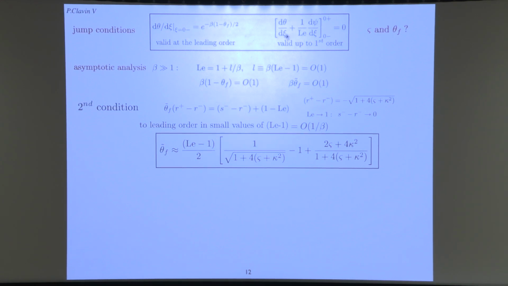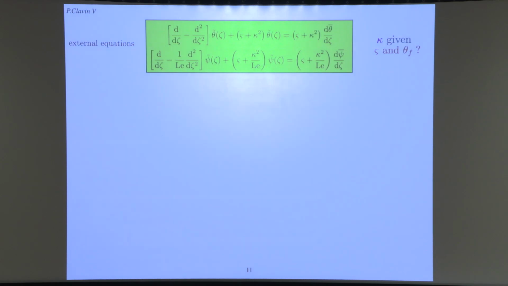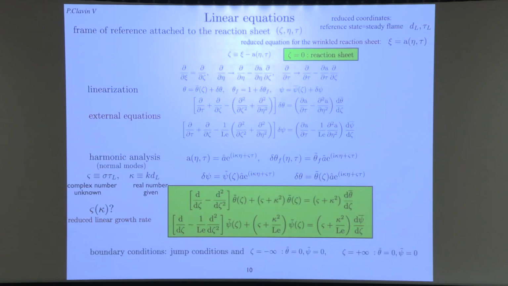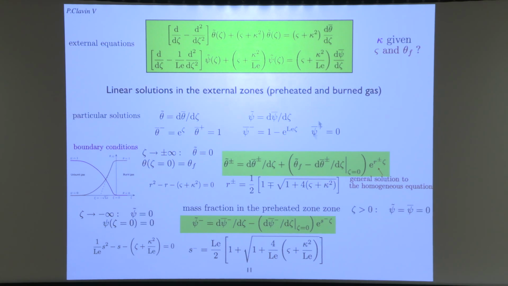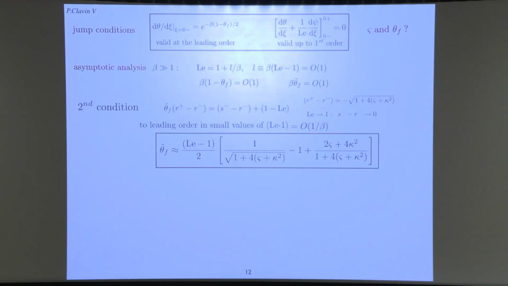Now you can apply immediately the second condition very easily. You apply that, and now you obtain this form. This, when you apply this condition, to these two solutions, okay, you obtain immediately the flame temperature in terms of the Lewis number.